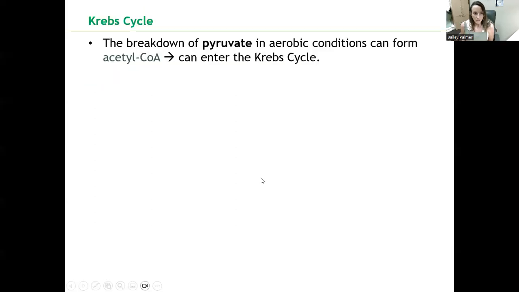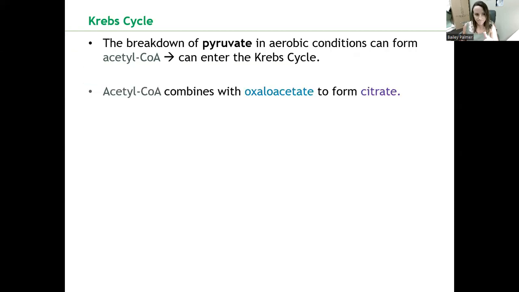Okay, so we had pyruvate, right? After pyruvate, we know that we have to turn it into acetyl-CoA. We already went through that process of looking at the combustion or oxidation of pyruvate and how we make acetyl-CoA. Acetyl-CoA combines with oxaloacetate, and then oxaloacetate forms citrate.